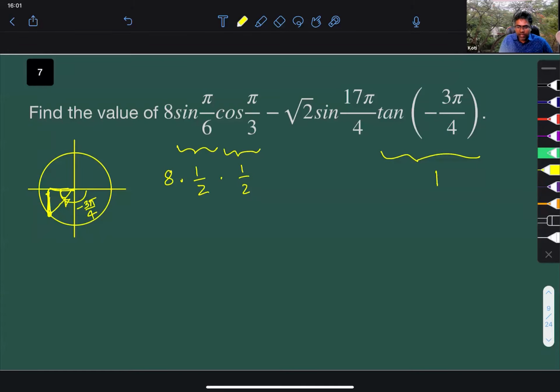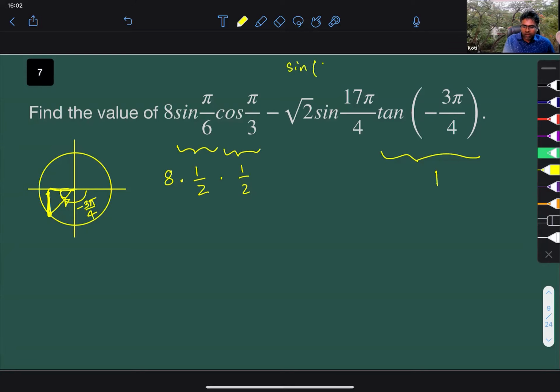And then you are saying sine 17 pi by 4 is easy. How much is that? It is sine 45, sir. Om, you're okay with that? Sine 17 pi by 4. Okay, so what you can do is, if you take 17 pi by 4, I can write that as 16 pi by 4 plus pi by 4.